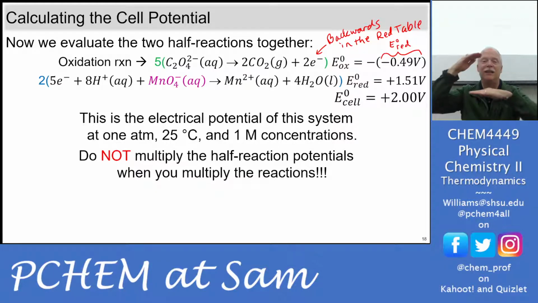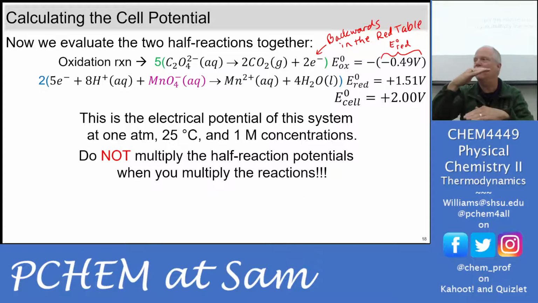That reaction is a waterfall with a height of 0.49. Multiplying that by 5 just makes it wider. It does not make it taller. Okay, because we're talking about current. We're talking about how many electrons go from one reaction to the other. That's the width of the waterfalls, not the height.